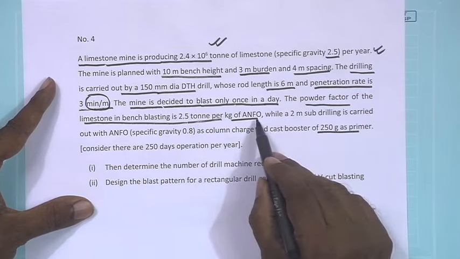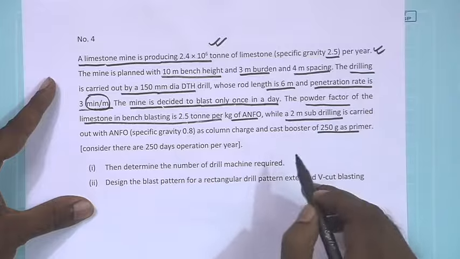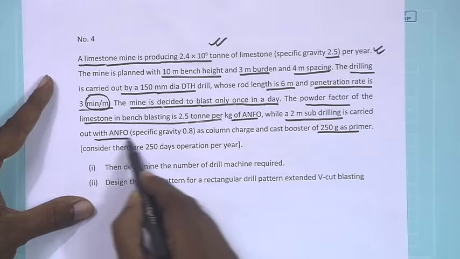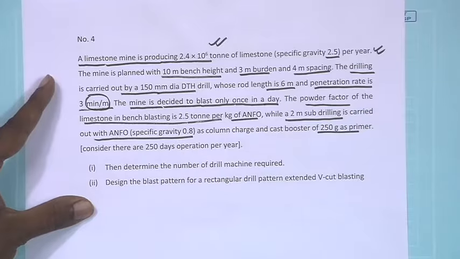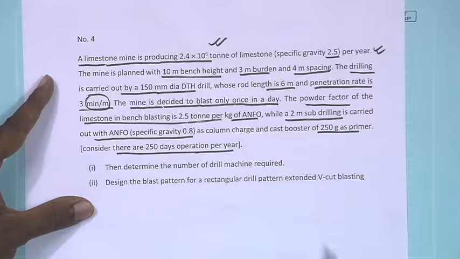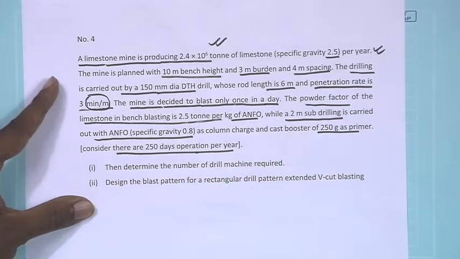So, this is the powder factor. 2 meters of subdrilling is required, also mentioned, and the specific gravity is also mentioned. It is given that 250 days of operations are there, so that we can determine the daily production target.